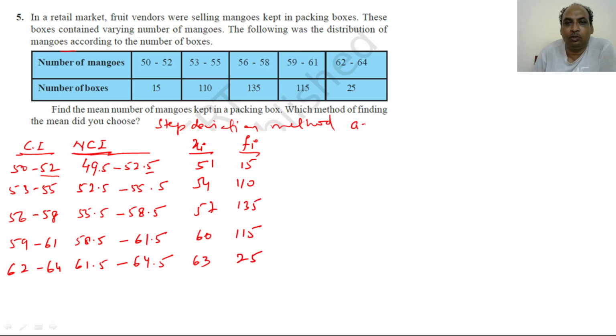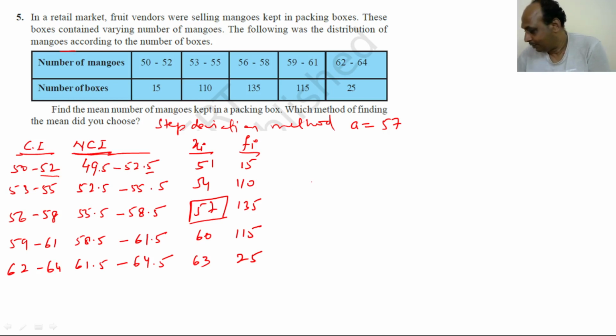Let us assume A, take it as 57. So from xi only you have to choose the assumed mean. Assumed mean will be coming from xi only. Okay.